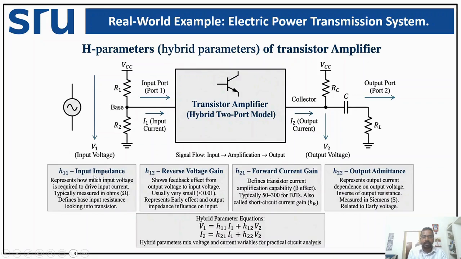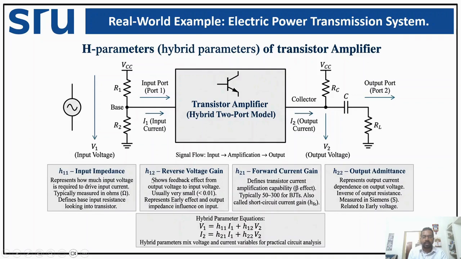It represents how much input voltage is required to produce an input current. In simple terms, it tells us how difficult it is to drive the transistor input. It is measured in ohms and represents the base input impedance, looking into the transistor.